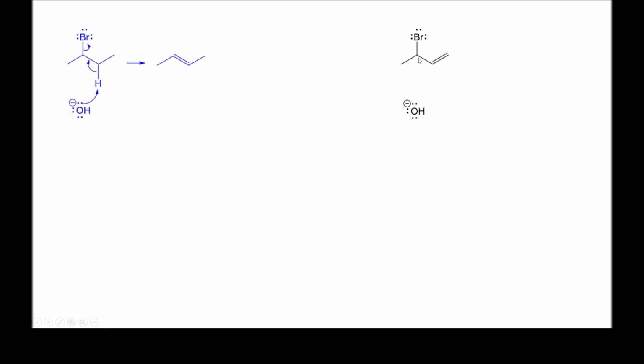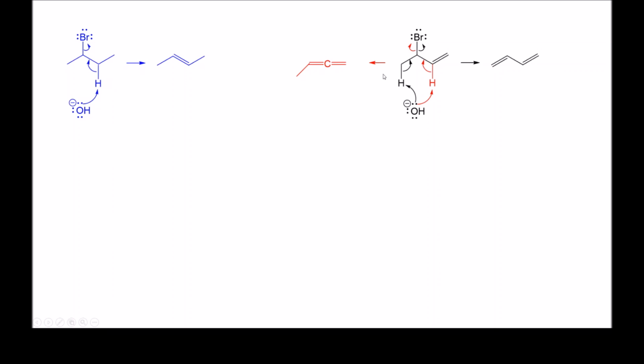When you have an allylic system like this, you have two options. One in black is the preferred option, but it appears to go anti-Zaitsev. One of the ways of stating Zaitsev's rule is that you pull the hydrogen from the carbon with the fewest number of hydrogens. That would be the red arrow pathway right here, because this carbon only has one hydrogen.